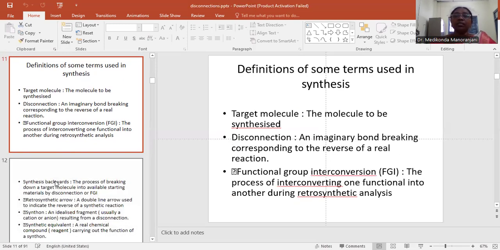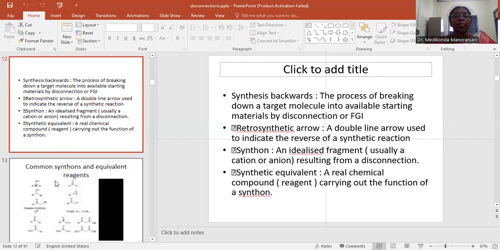Now, let us see the definitions of some of the terms used in synthesis. Number one, target molecule. The molecule which is going to be synthesized is called the target molecule. Then the term disconnection. It is an imaginary bond breaking corresponding to the reverse of a real reaction. Next, the term functional group interconversion: the process of interconverting one functional group into another during retrosynthetic analysis.